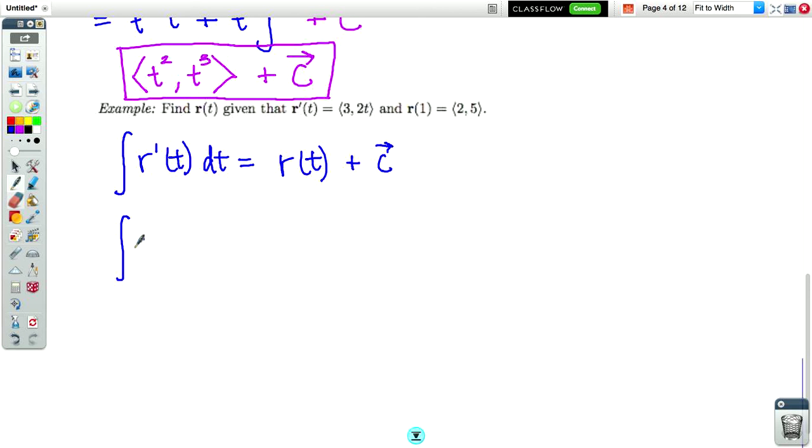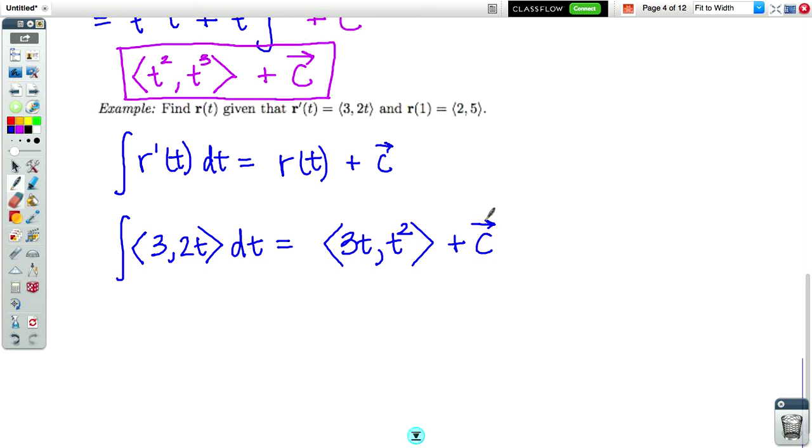Let's integrate my r prime with respect to t, and when I do that, I get this vector. My first component is 3t, and my second component is t squared, and I have plus some constant vector because this was an indefinite integral to begin with.